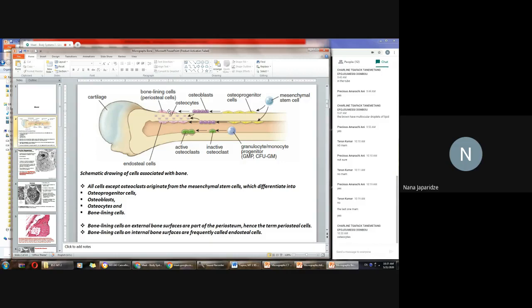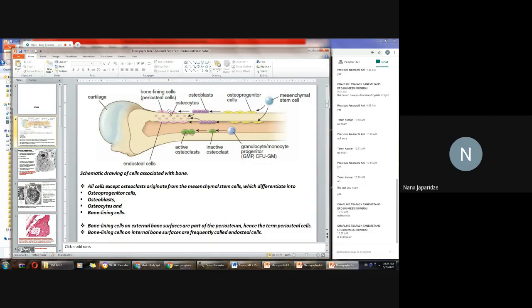Is cartilage vascularized or not? Cartilage, no, it is avascular. Bone is very well vascularized. Do you remember these Haversian canals, canaliculi, lacunae, how they are interconnected?